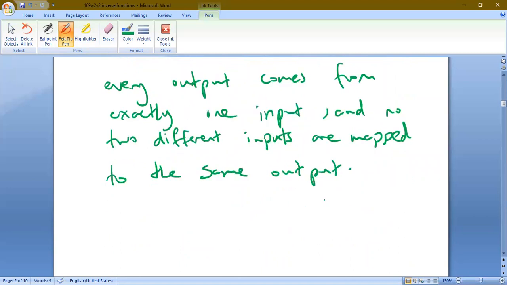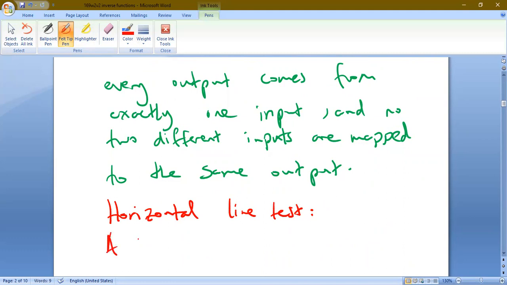So there is a test. If we have the graph of a function, this is called the horizontal line test. Every one-to-one function, when you make it intersect with horizontal lines, the horizontal lines intersect the graph only once.